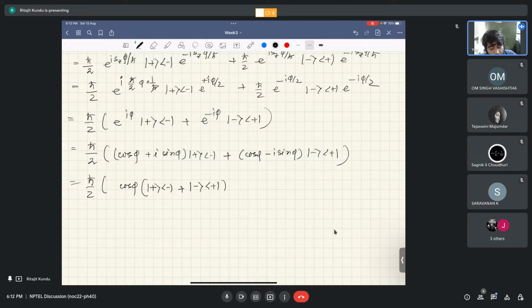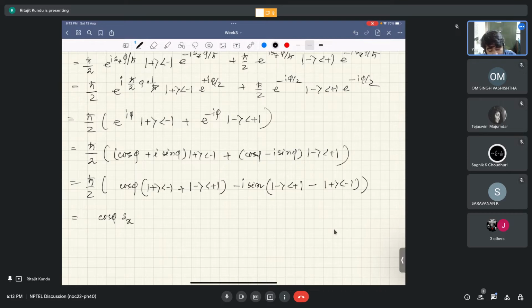So I have taken cosine common from these two terms, and additionally let's take minus i sine, minus plus and minus plus minus.